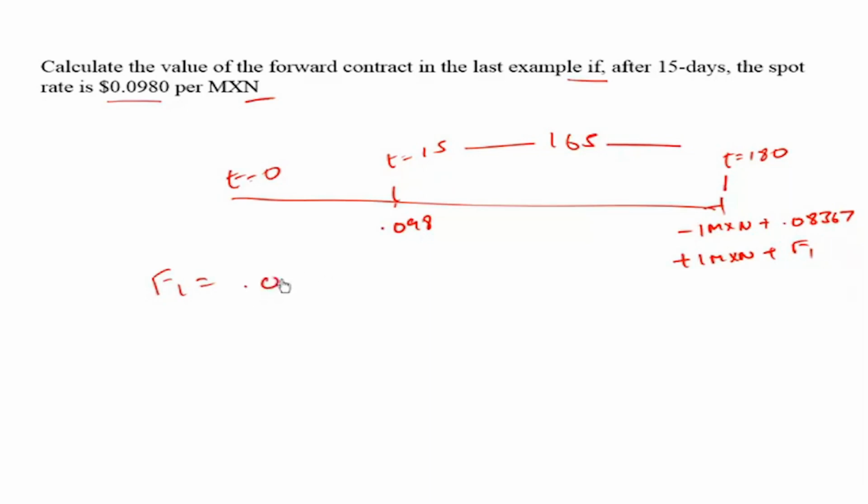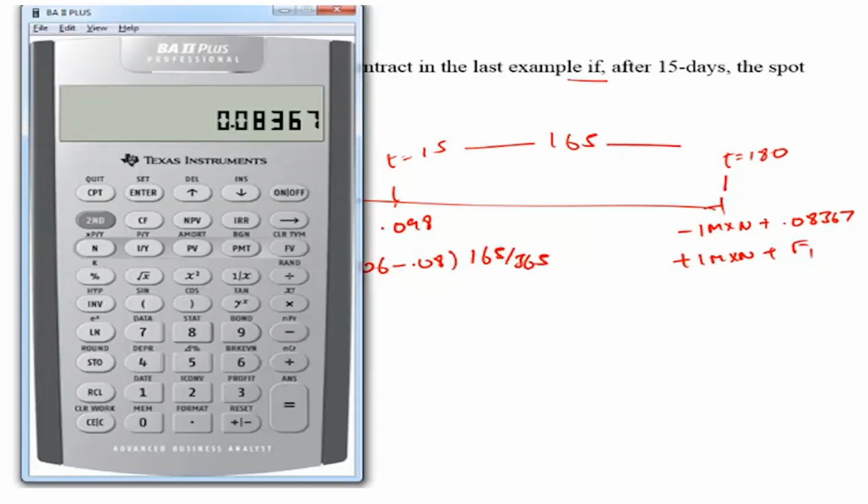It will be based on the current spot price into e raised to the power, let's assume the risk-free rates remain the same. So it will be 0.06, that is the US rate, minus 0.08, that is the rate in Mexico, into t, which will be 165 divided by 365, which can be calculated as 0.02 into 165 divided by 365, minus second ln, and multiply this with 0.098.